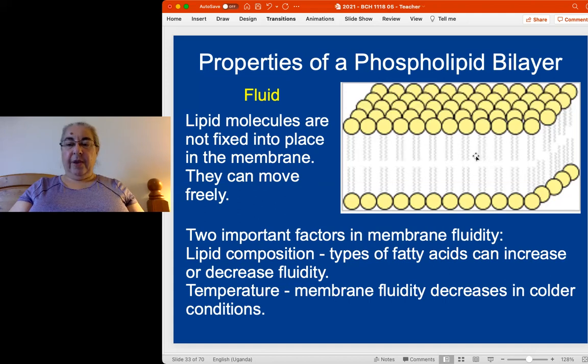It's also very dependent on temperature. If the temperature is reduced, if a membrane structure is cooled down, there is less movement in the lipid bilayer. The fluidity decreases. If the temperature is increased, there is more movement. And if it's increased enough, the membrane becomes less stable and breaks down.